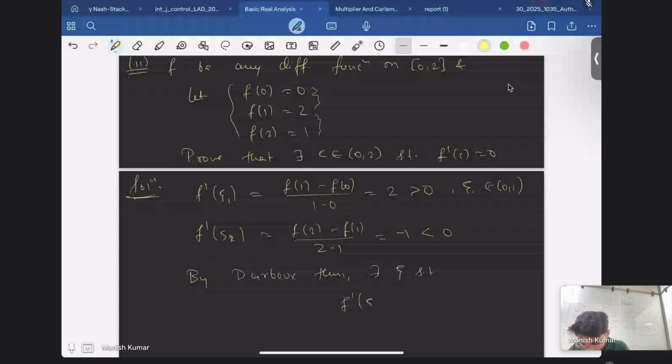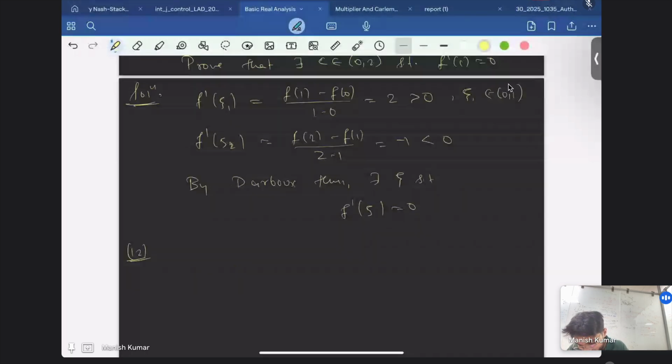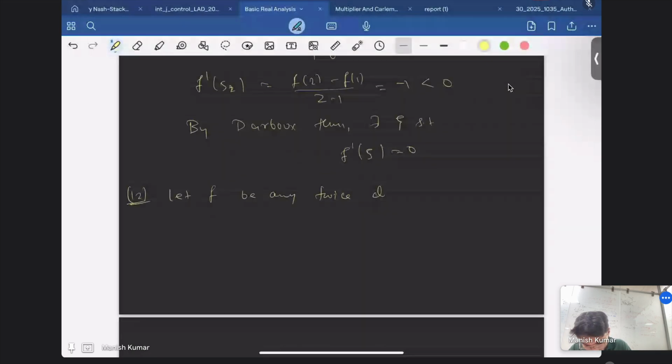Okay, so let f be any twice differentiable function on (a, b), and f of a equals f of b equals 0, and f of c is less than 0 for some c belonging to (a, b).